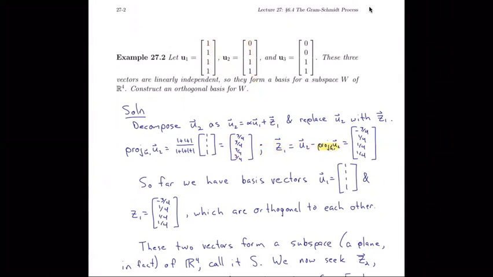To see that any one of these vectors is in the span of these vectors, note first that U1's already been included automatically, and then Z1 is just a linear combination of U2 and U1. And if we were to solve for U2, we'd see that we could generate U2 as a linear combination of Z1, a vector that's in our new basis, plus this projection, which is a scalar multiple of U1. So it tells us that our vector U2 is in the span of our 2 new vectors.